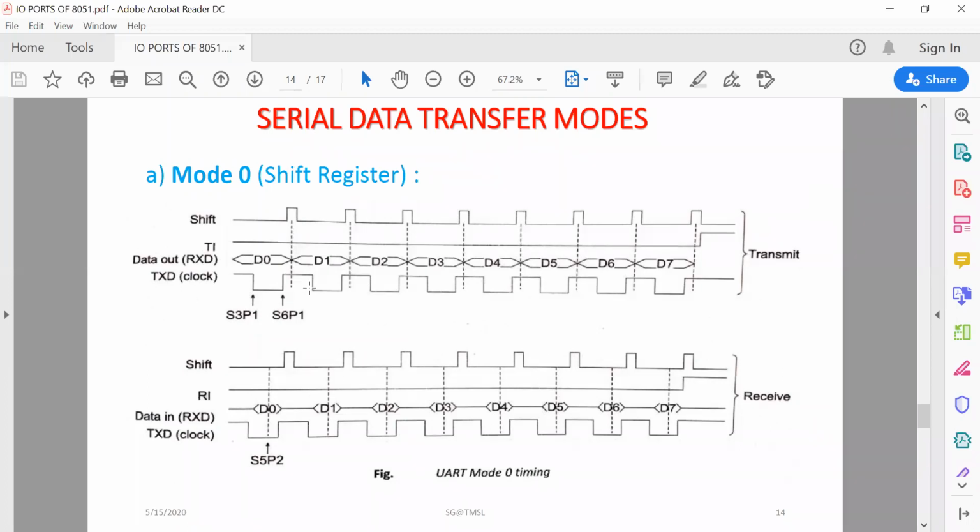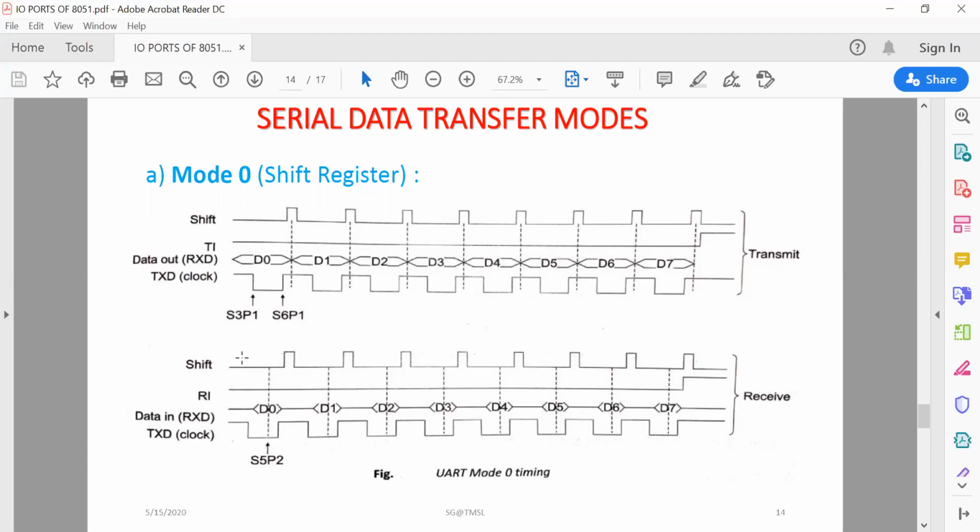The corresponding TI flag is set after transmission of 8 bits. Now, during the reception, the data is sampled on the trailing edge of S5P2, here in this position.